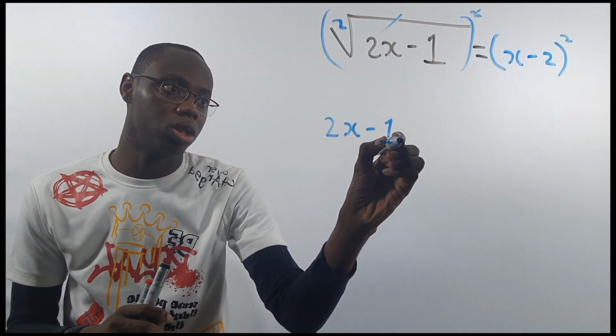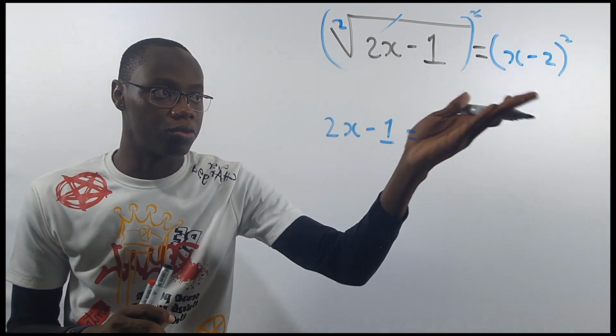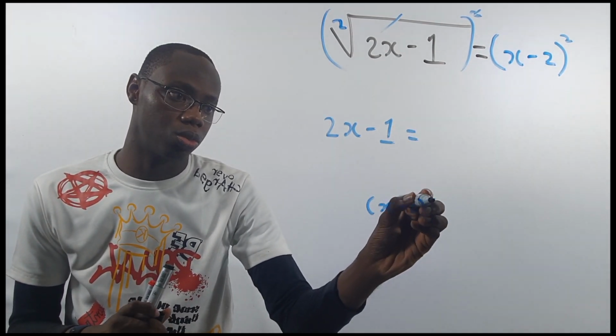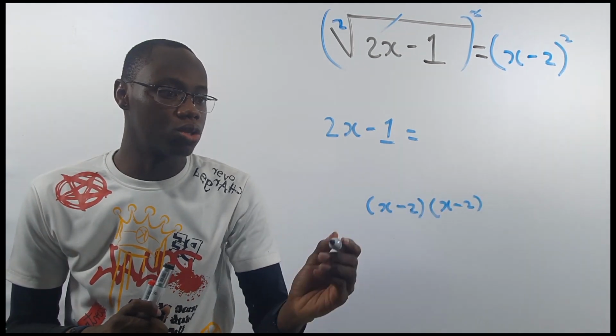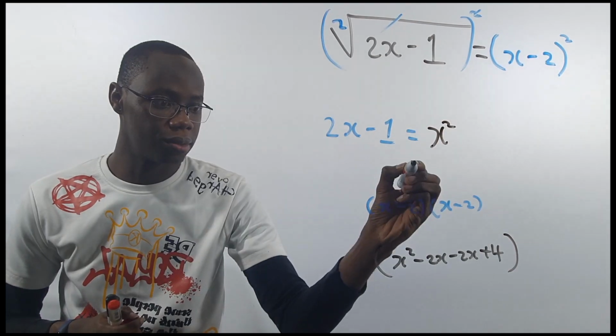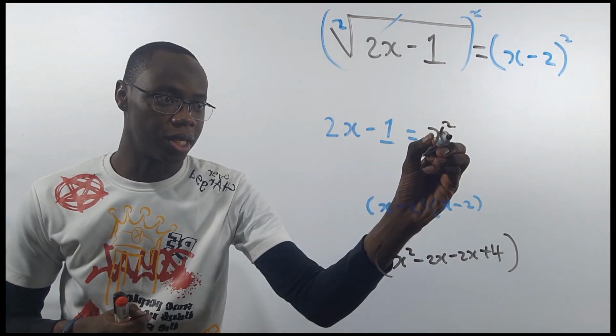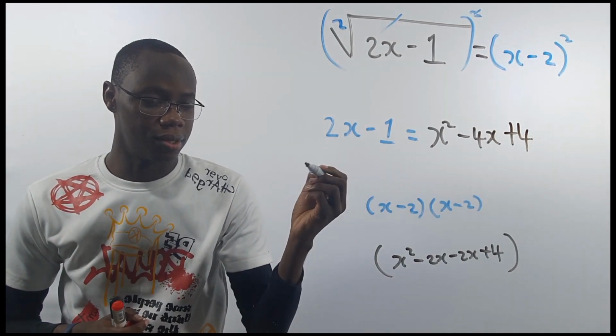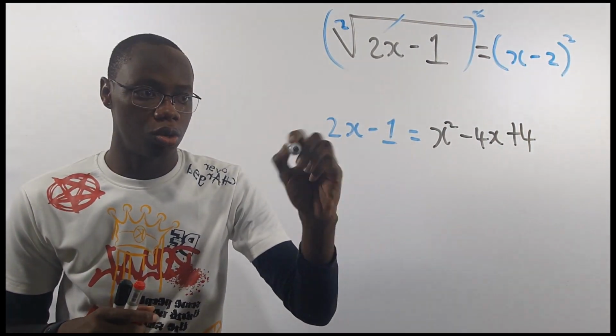2x minus 1, and then this one will not be difference of two squares, so that is x minus 2 multiplied by x minus 2. If you do that, you get x squared minus 2x minus 2x, that is minus 4x plus 4, like that. And now all you need to do is just collect like terms.